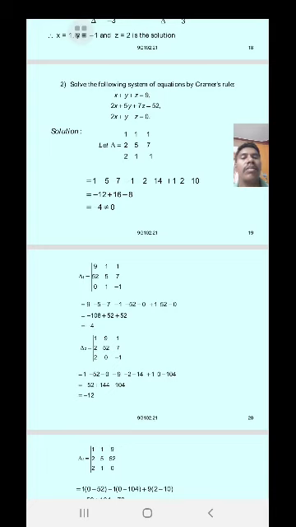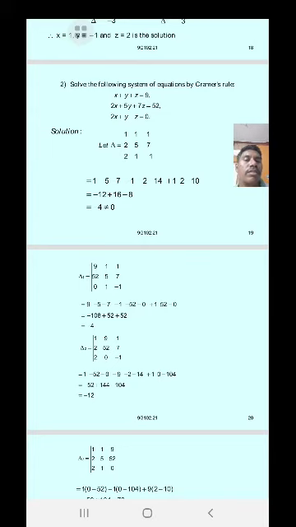And we are expanding by R1. Here brackets are not printed, but we have to keep them. So that is 1 into (minus 5 minus 7) in the bracket, and minus 1 into (minus 2 minus 14) should be in the bracket, plus 1 into (2 minus 10) should be in the bracket.